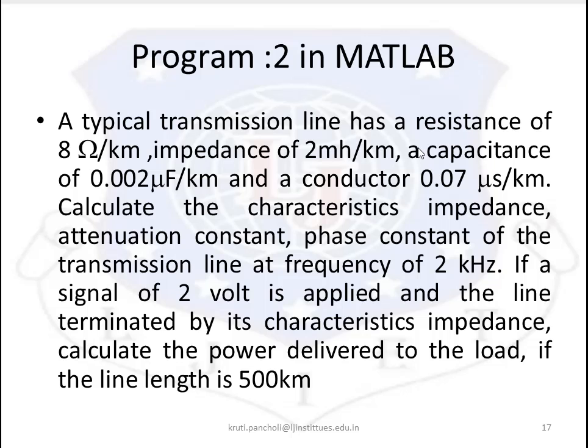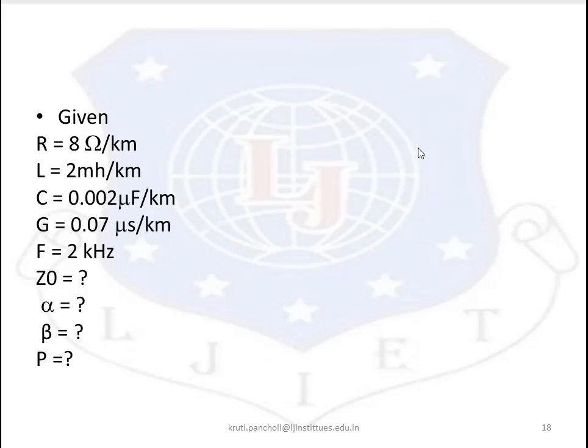if the line is 500 km. So here the given values are R equal to 8 ohm per kilometer, inductance 2 millihenry per kilometer, capacitance C equal to 0.02 microfarad per kilometer, G equal to 0.07 microsiemens per kilometer, and frequency F is 2 kHz.